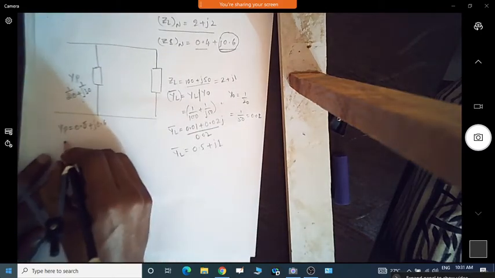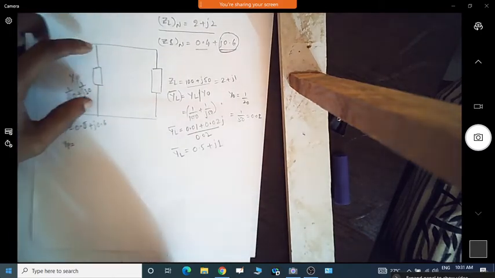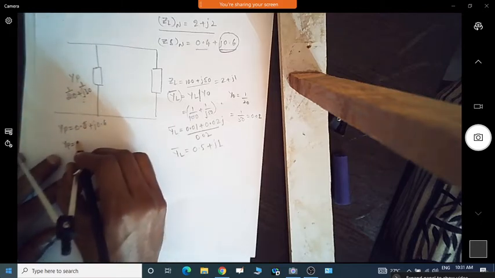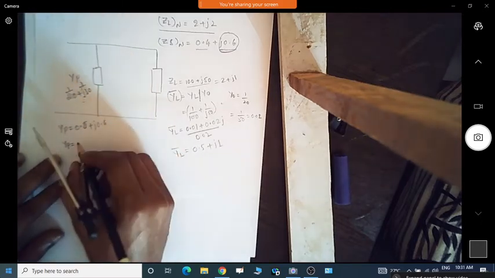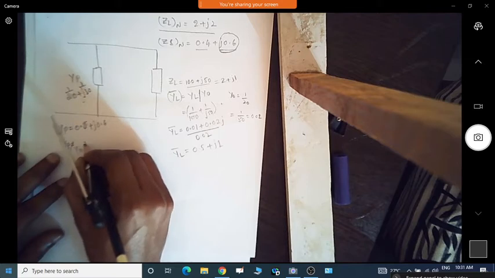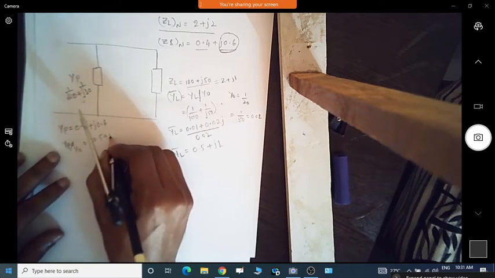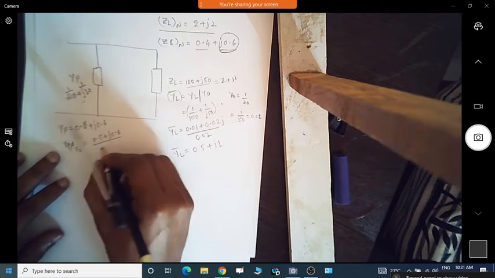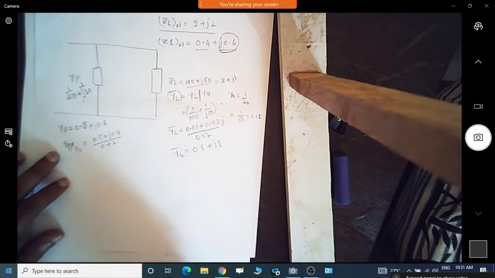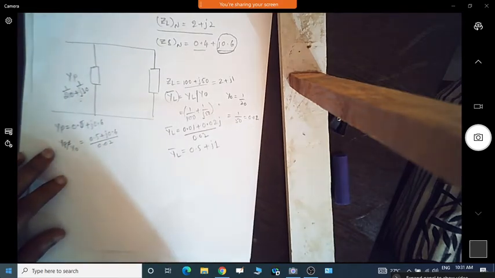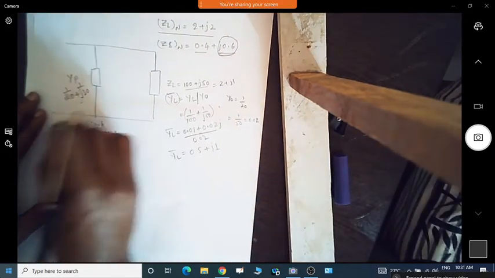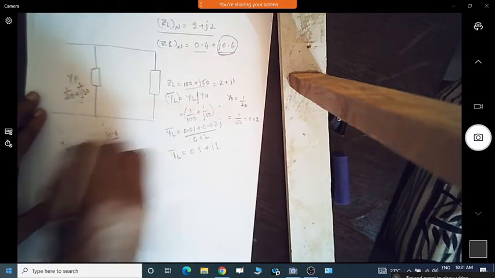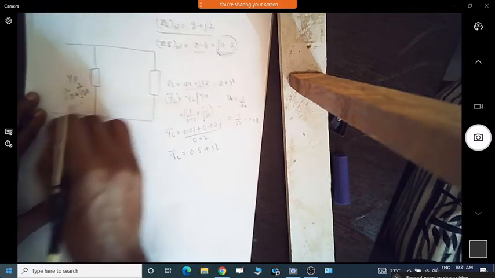So now what is YP, which is equal to the parallel combination of this, that is YP. So if we get the normalized value, YP by Y0, that will be equal to 0.5 plus j0.6 divided by 0.02. So we have to normalize this one first, then we can do that.